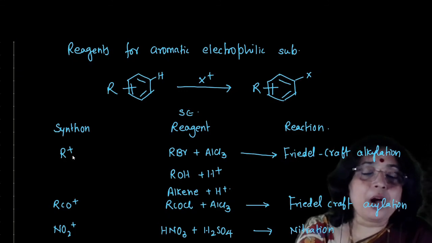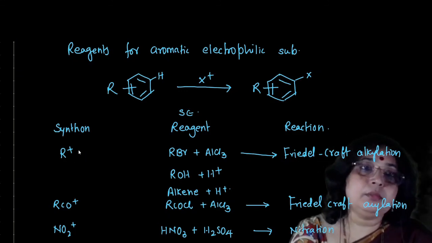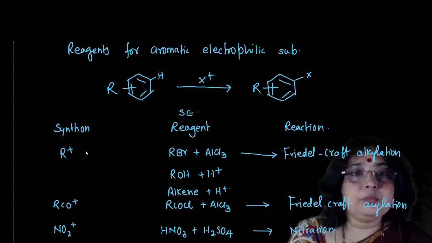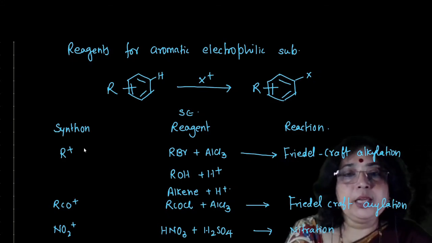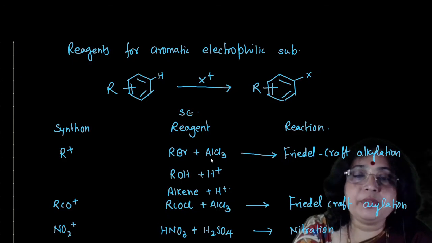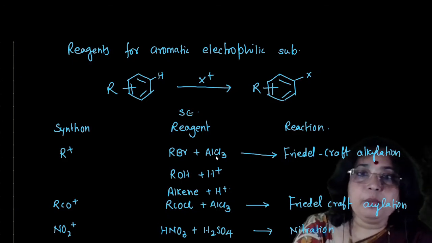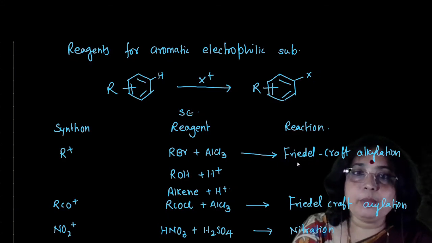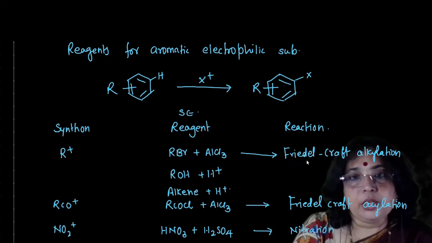Now here, if R plus is an alkyl cation, what reagent can you use? You can use RBr in the presence of a Lewis acid, aluminum chloride, and just now we have explained the reaction. This is nothing but the Friedel-Crafts alkylation.